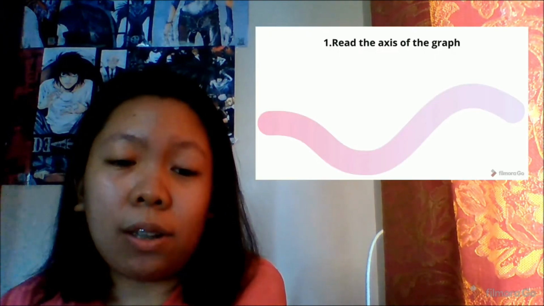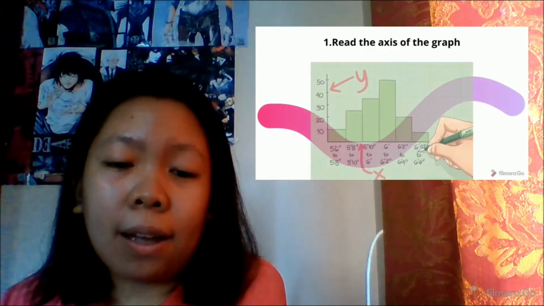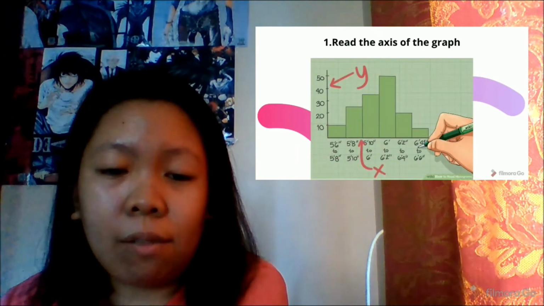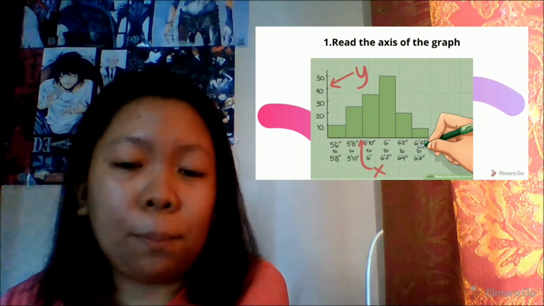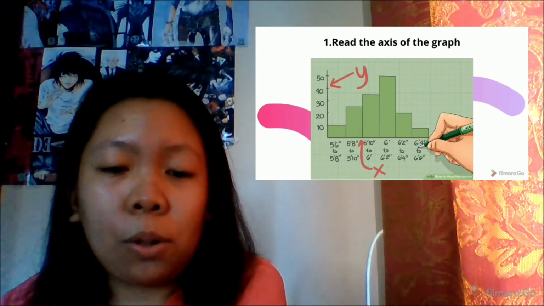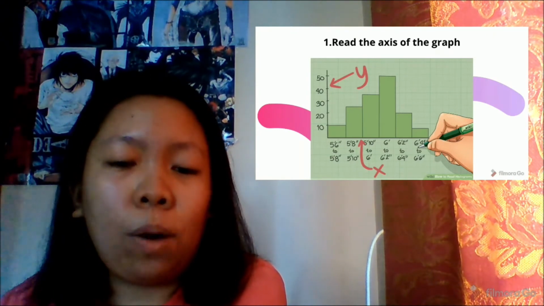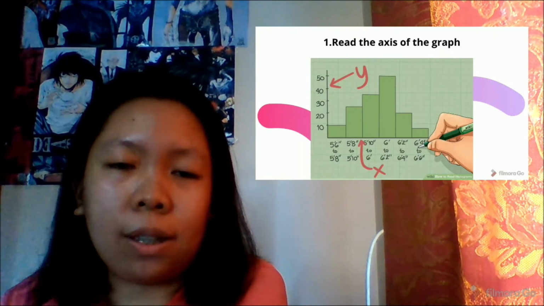First is to read the axes of the graph. The x-axis is the horizontal axis and the y-axis is the vertical axis. Both give you essential information for reading the histogram. Many histograms show you the frequency of an occurrence and will have a y-axis indicating frequency.